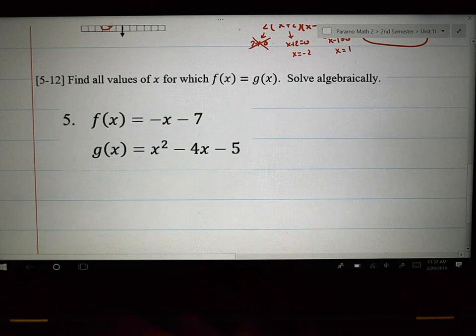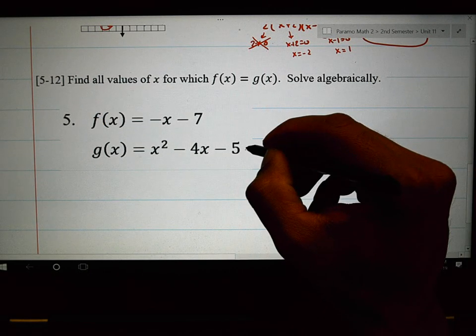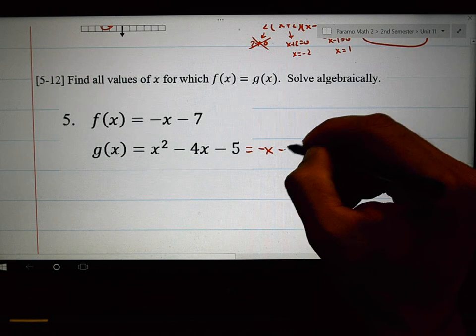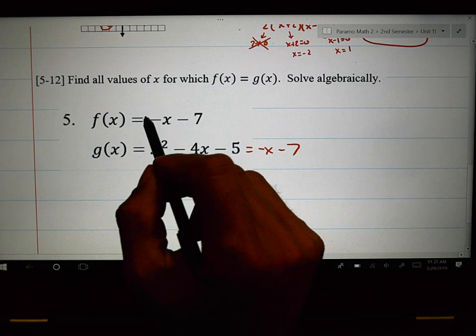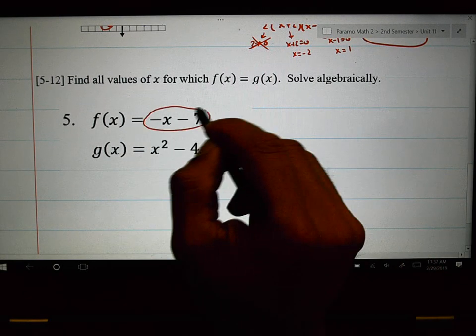Now they don't have you do it with graphing. Now they just say solve it algebraically. Where is f of x equal to g of x? So what do we do? We set them equal to each other. I'm going to put this one over here. Set that equal to this guy.